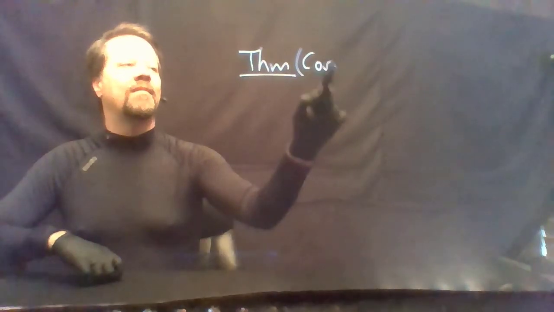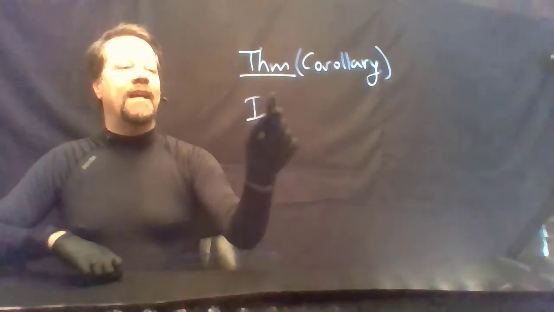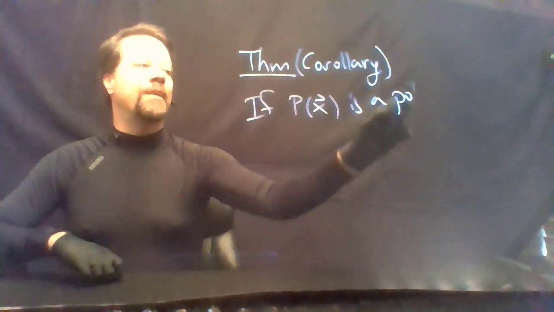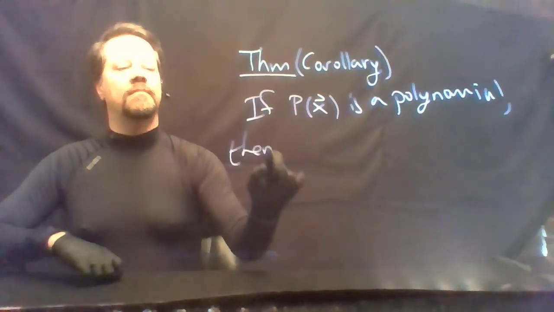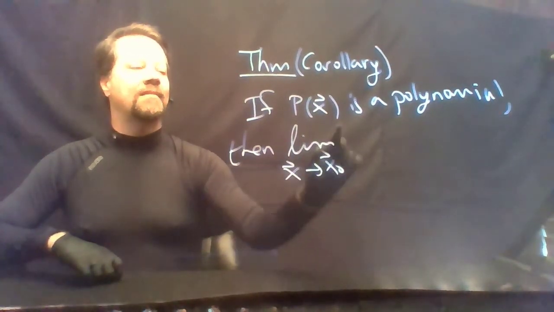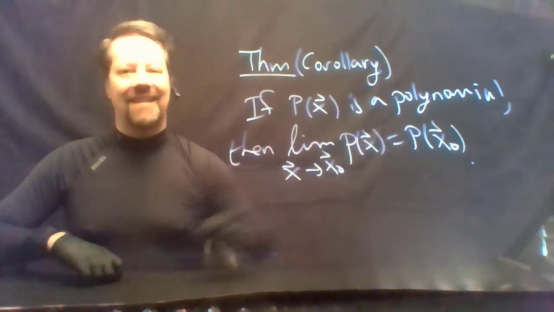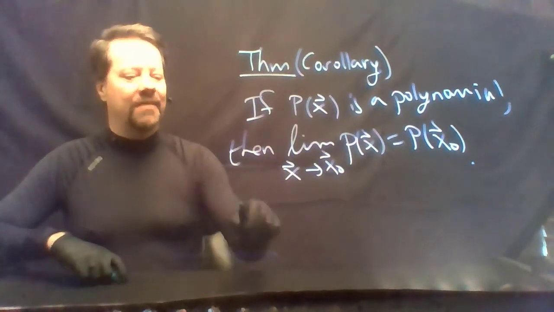Also, it follows as an immediate corollary to the last theorem that if P is a polynomial, then the limit as x goes to x naught of P of x is P of x naught. So you can evaluate limits of polynomials by simple substitution.